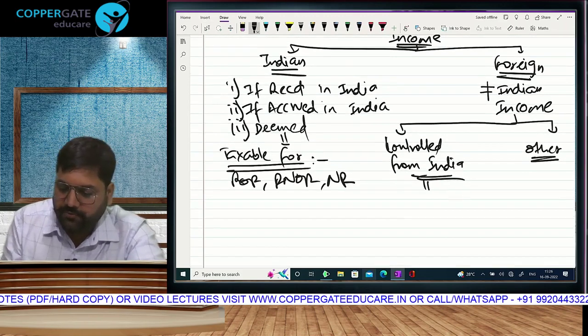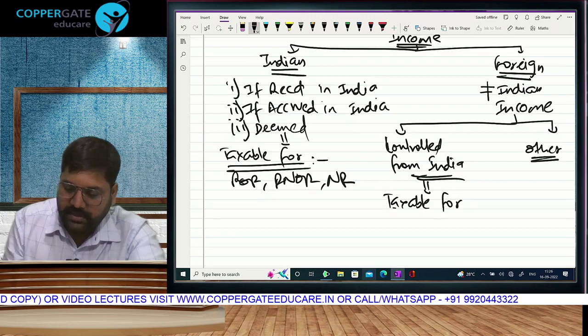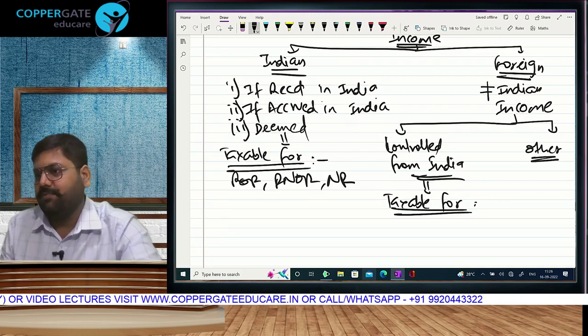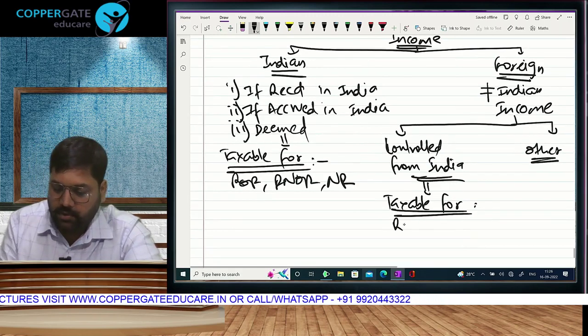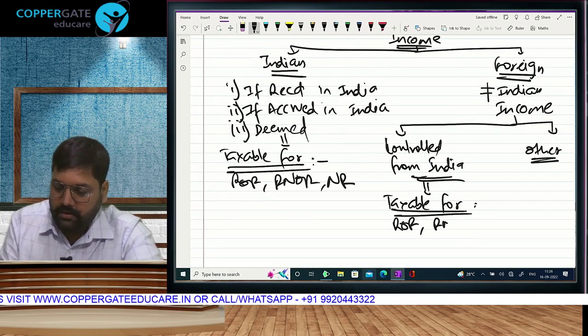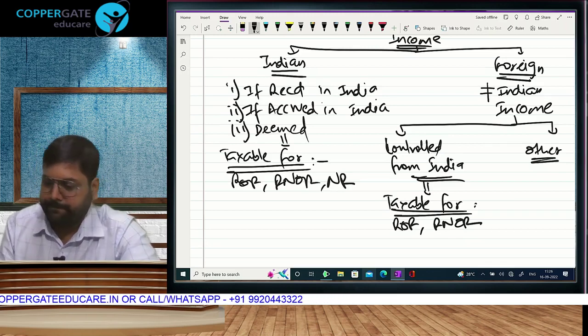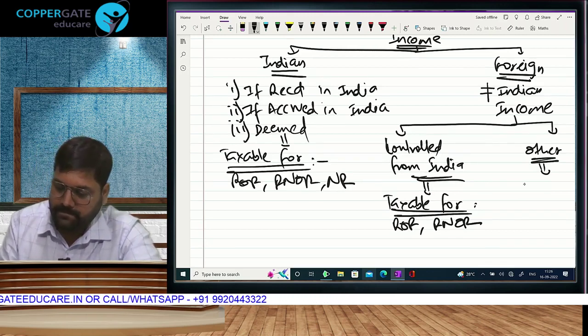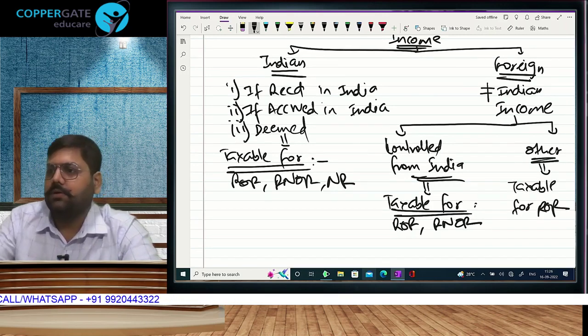This controlled from India one will be taxable for whom? Even other income will be, but for whom is the criteria? What scope of total income? ROR, RNOR. Correct? This will be taxable for ROR.